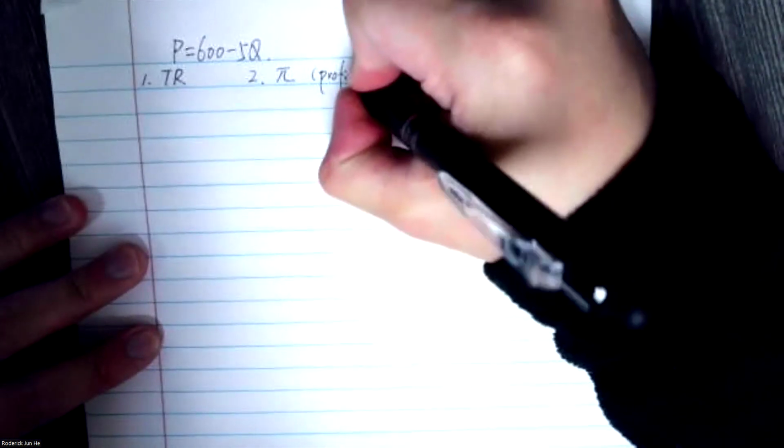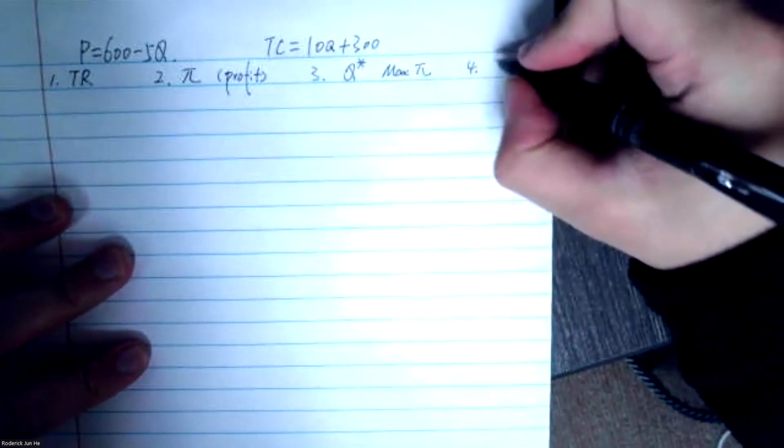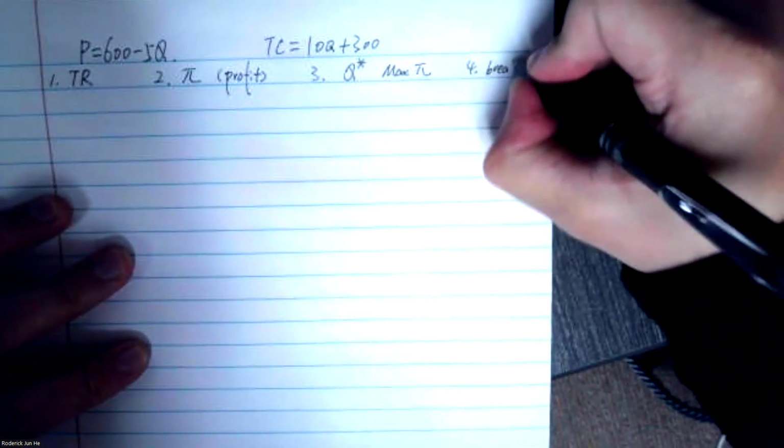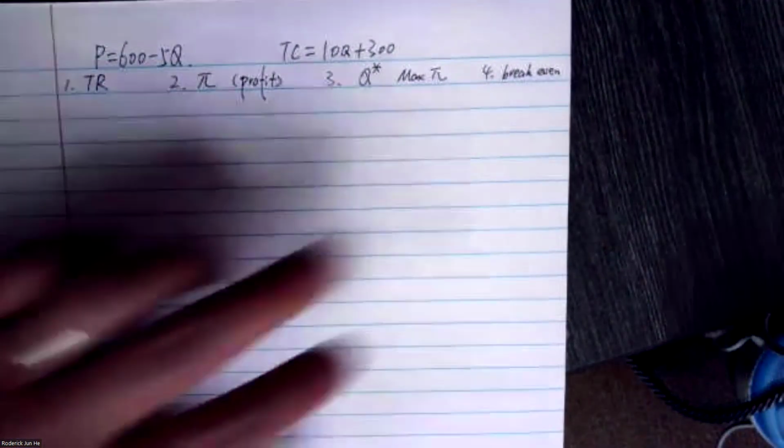In 2, we're asked to work out the expression of profit, which is noted as pi. In 3, we have to find the vertex Q that maximizes the profit. And in 4, the break even, and we're going to talk more about this later. So we have all those 4 questions noted, and now let's solve them one by one.